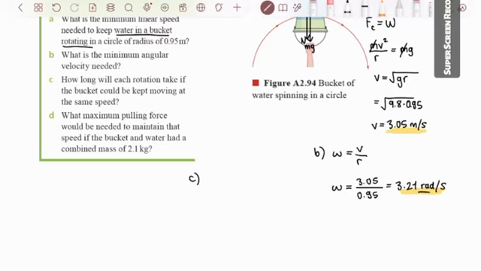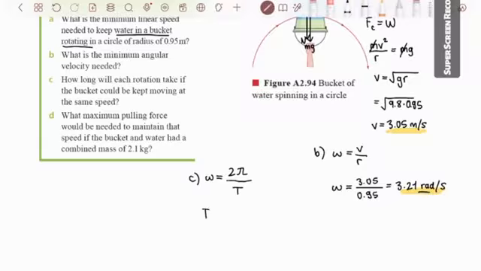In part C, we're asked how long will each rotation take if the bucket could be kept moving at the same speed. So this question refers to the period of the motion, and the formula relating period with omega is omega equaling 2 pi over T, which is the period.